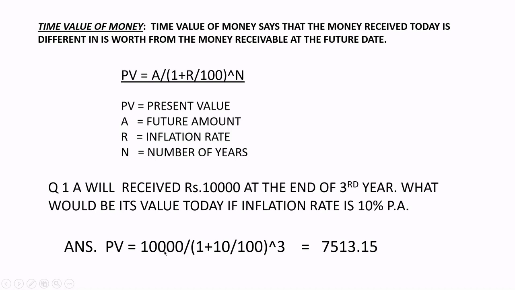So PV equals 10,000, because A is 10,000 rupees, divided by (1 plus R divided by 100) to the power n. R is 10% and n is 3 because the number of years is 3. Now we get the answer: 7,513 rupees and 15 paise. So this is the present value of 10,000 rupees that we will receive at the end of 3 years.